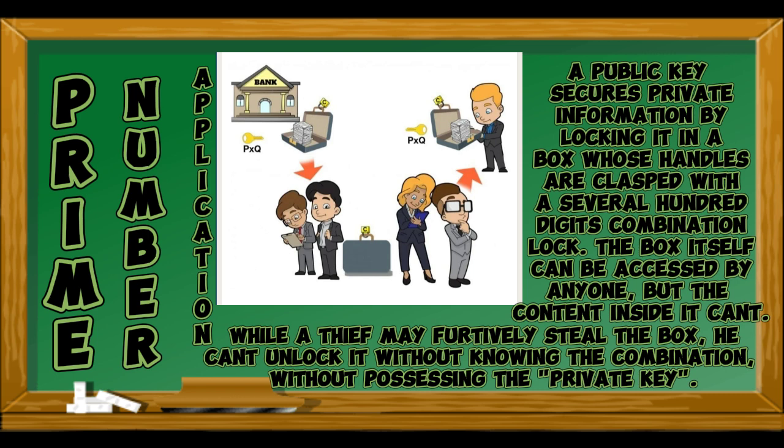While a thief may furtively steal the box, he can't unlock it without knowing the combination, without possessing the private key. This private key is only possessed by the sender and receiver of the content: the bank, and you, the proprietor of the credit card.